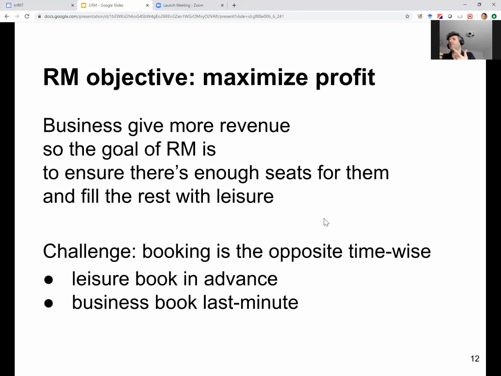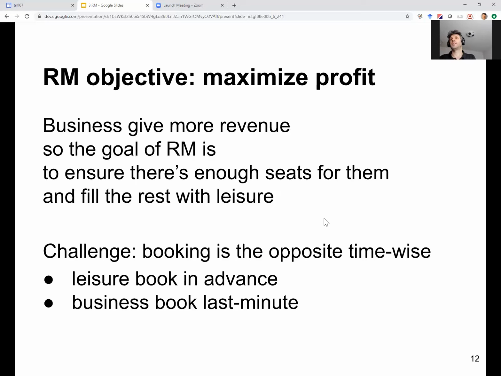So if things were vice versa, if first the business demand would come, then of course we would serve all the business customers, and then the remaining part of the aircraft would be sold to the leisure passengers for the smaller price. But really the catch here is that the booking is done in the opposite way, and our goal is to reserve a certain number of seats for the business passengers and sell fewer tickets to the leisure passengers.